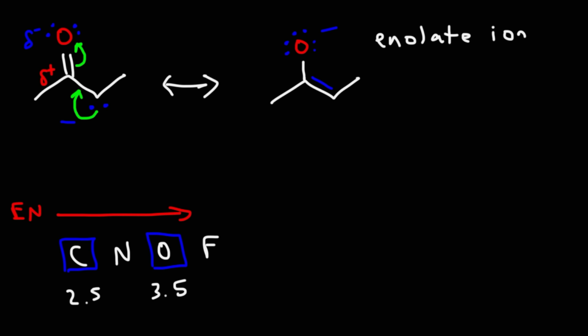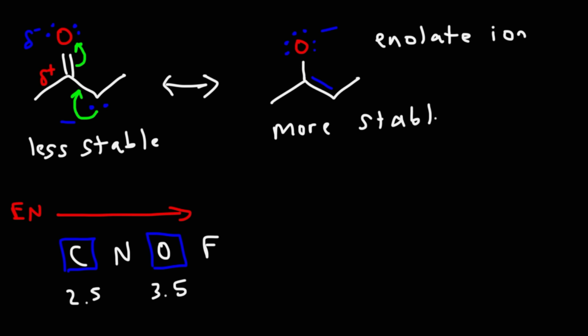So putting the negative charge on the oxygen creates a more stable situation than leaving it on a carbon atom. So this is less stable, and this particular resonance structure is more stable, which makes it the major resonance contributor.